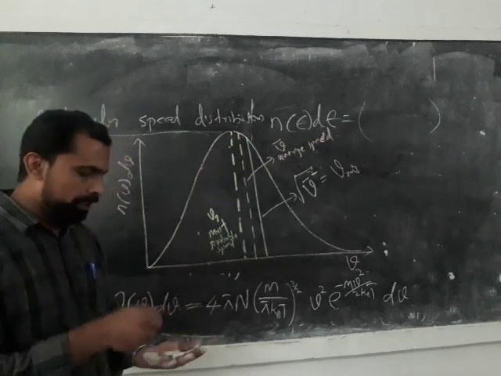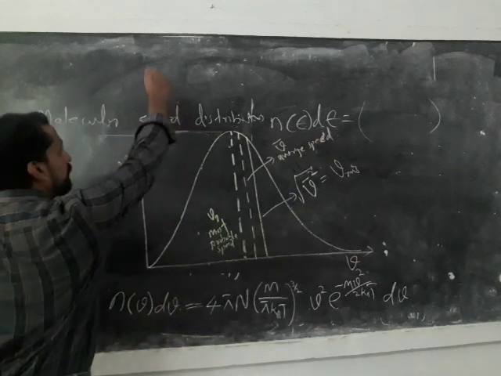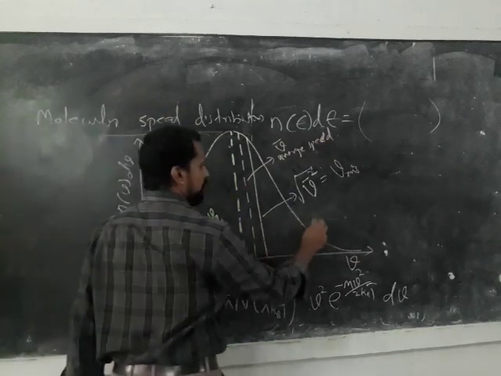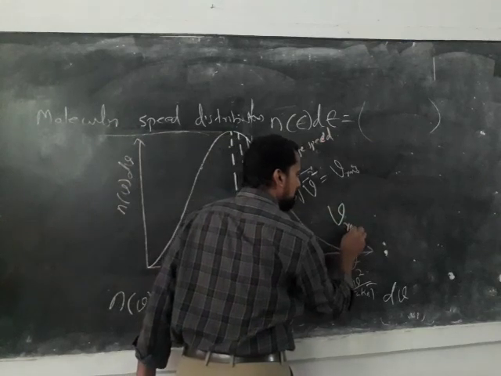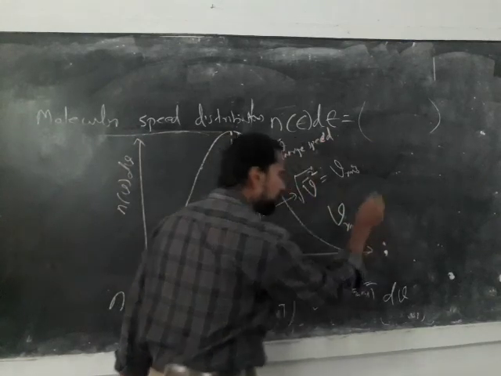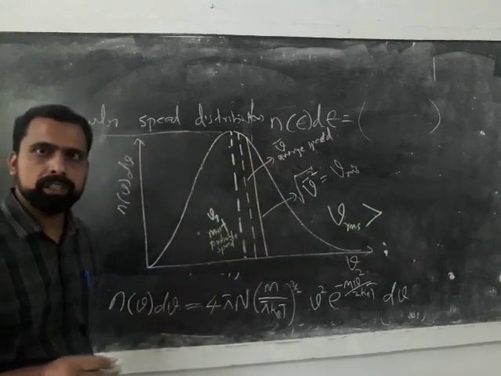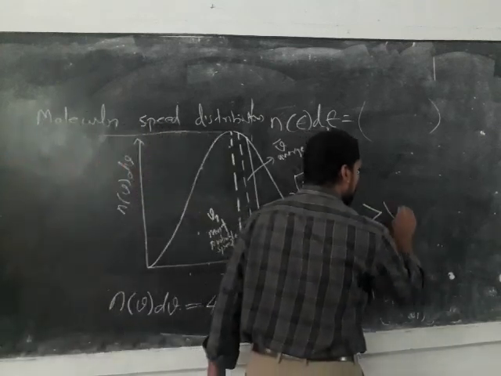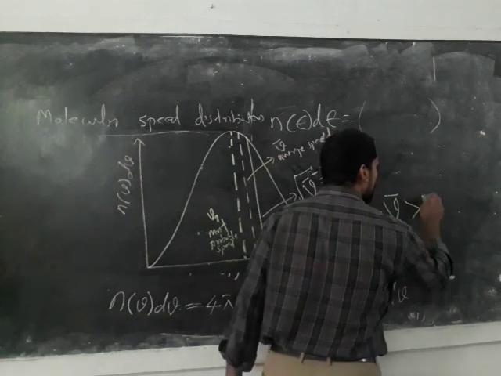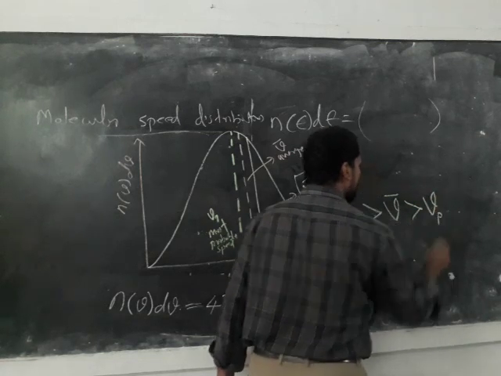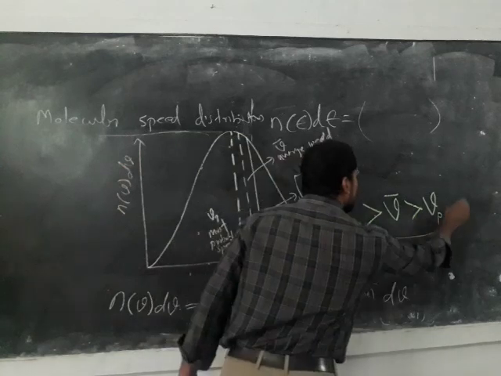So you can write it here like this: VRMS is the highest, then V average, then VP. So this is the trend.